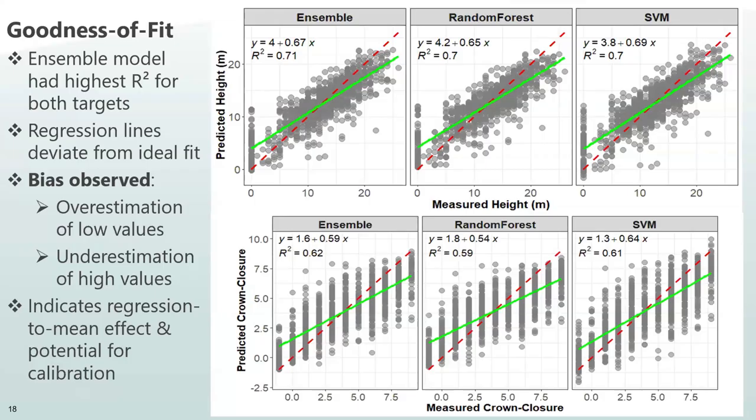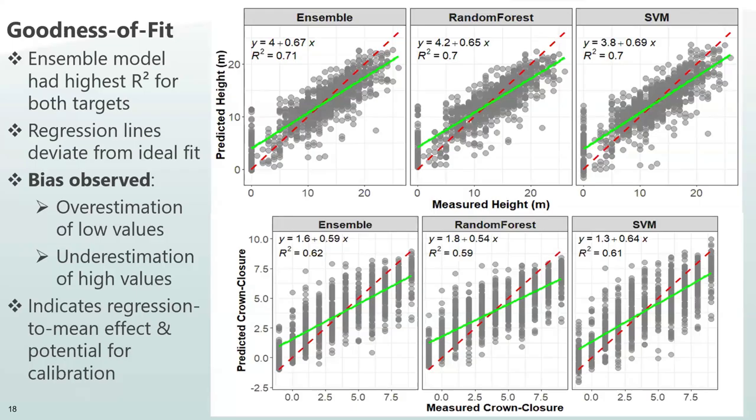And we do see that the regression line deviates from the red line, which suggests a modeling bias.